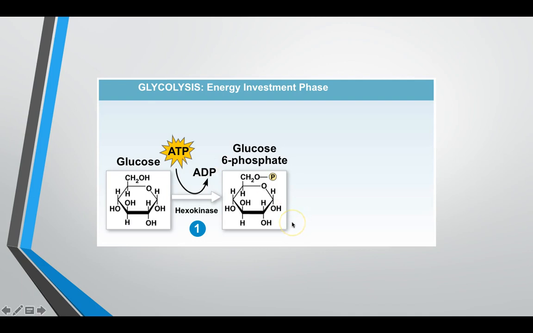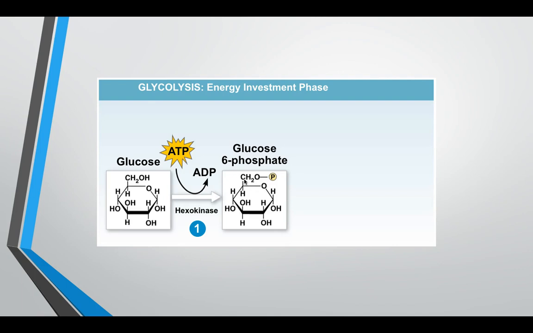When this happens, I no longer have simply glucose. I have a glucose with a phosphate group attached to the number 6 carbon. So now the name of this molecule is not glucose, it is glucose 6-phosphate. So my substrate is glucose 6-phosphate.